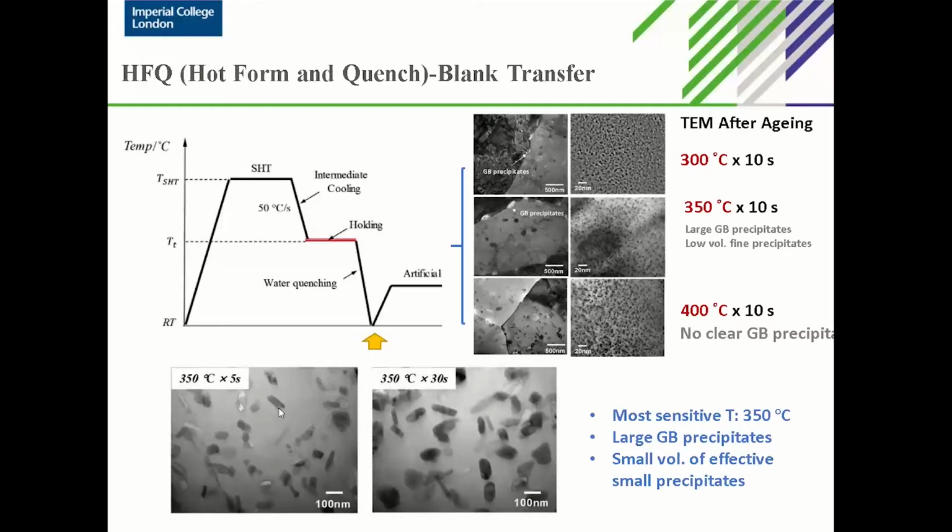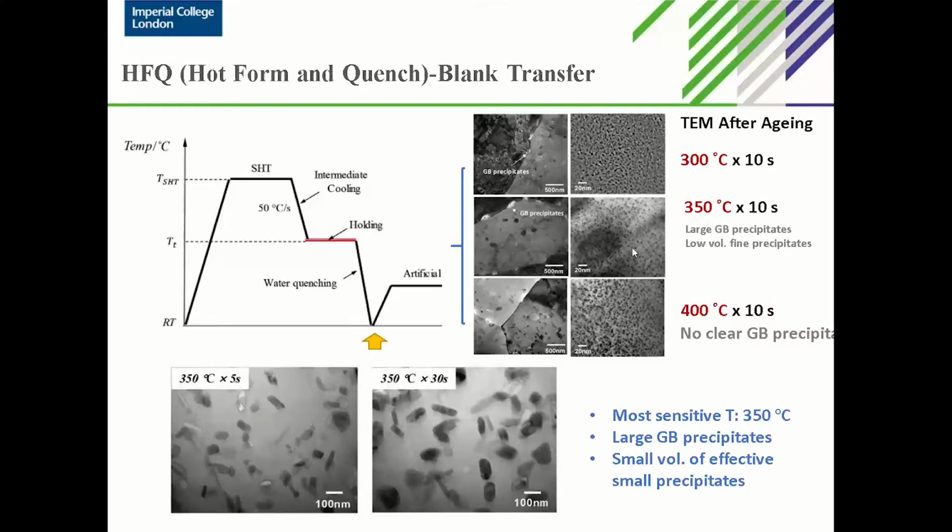You can see very big precipitates were formed, larger than around 100 nanometers, and with lengthening holding time, we can see bigger precipitates with higher volume fraction, which is expected to damage the final mechanical property of the part.